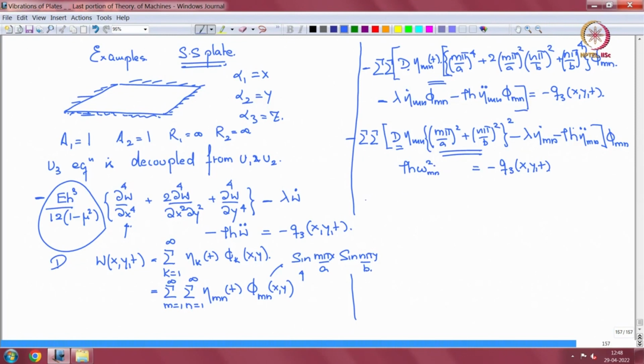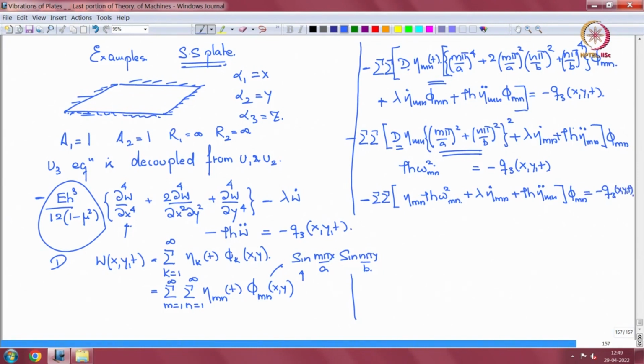So I get minus double sum eta mn rho h omega square mn, the minus is outside, then these should be pluses, sorry, plus lambda eta mn dot plus rho h eta mn double dot into phi mn is equal to minus q3 x comma y comma t.